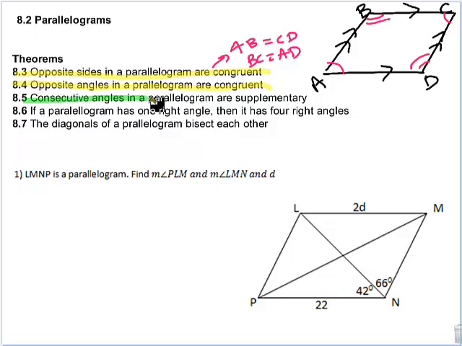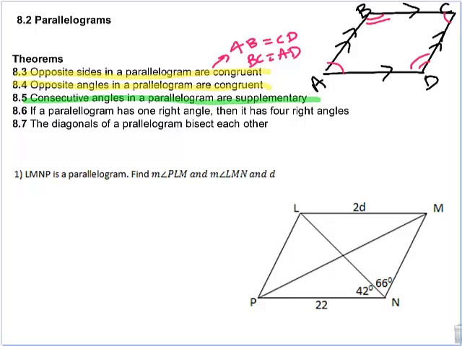Consecutive angles are supplementary. There's 2 vocab words in there that we should know. First one, consecutive. What does that mean? Yep, right next to each other. And then supplementary. 180. So adds up to 180. So what would be the consecutive angles here?